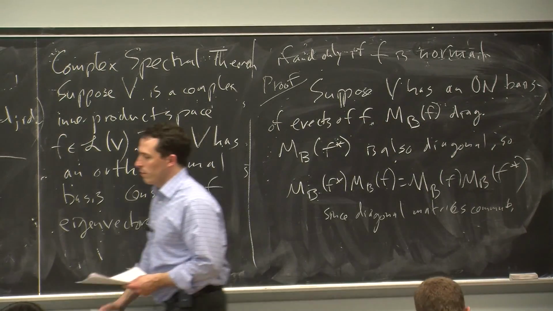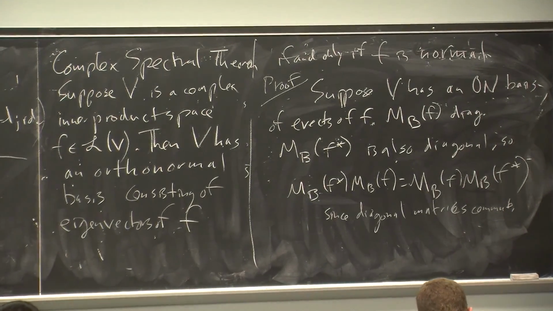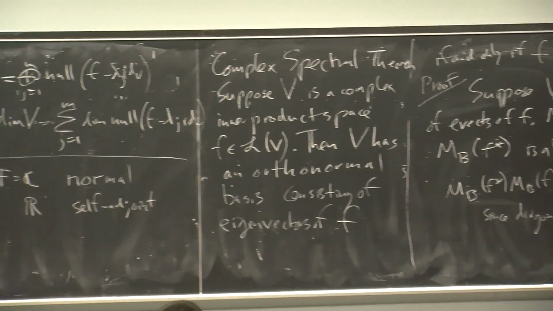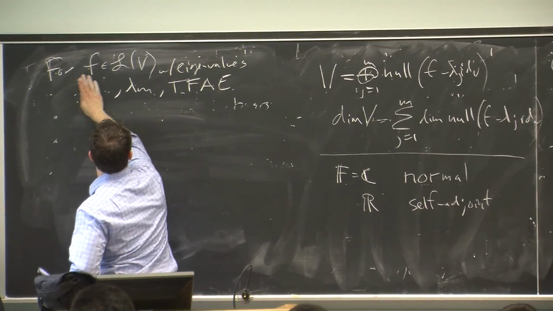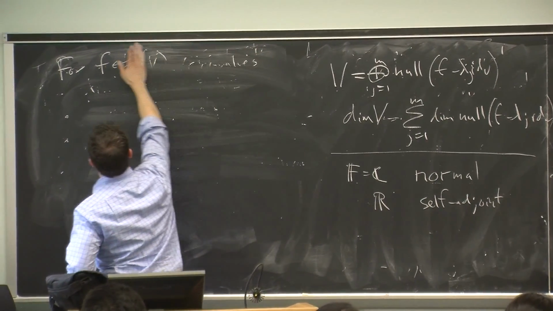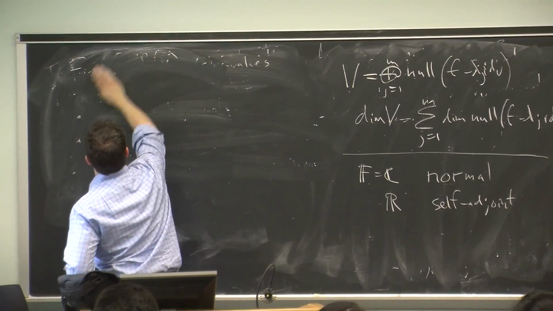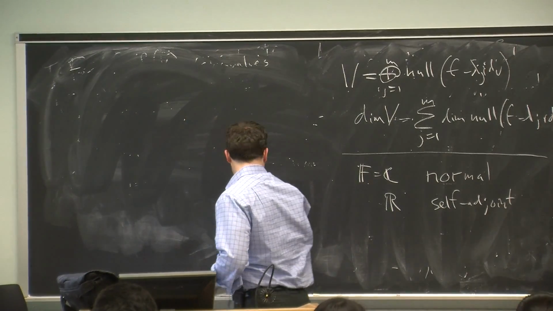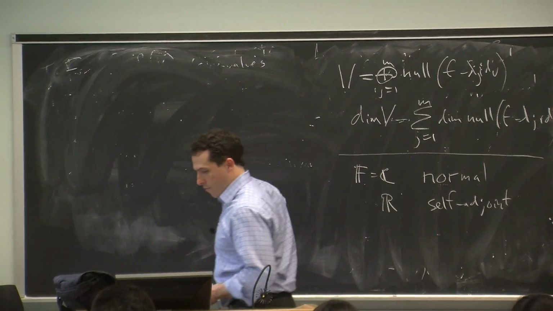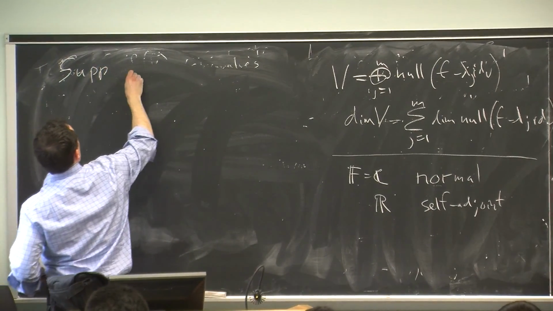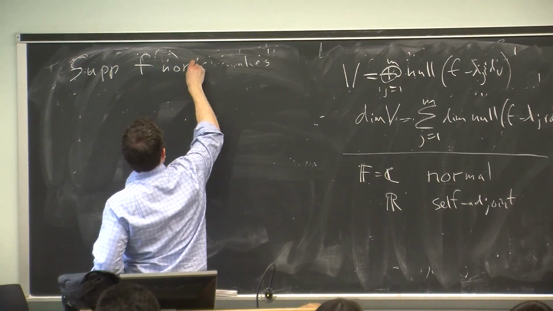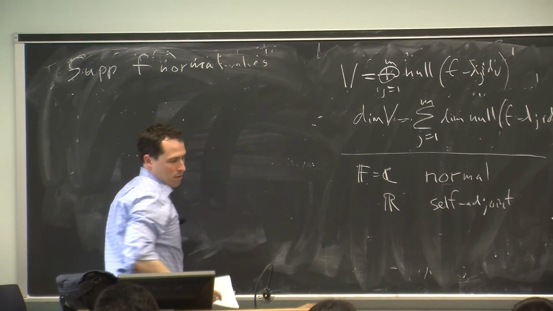In the harder direction, we assume first that F is normal. Suppose F is normal.